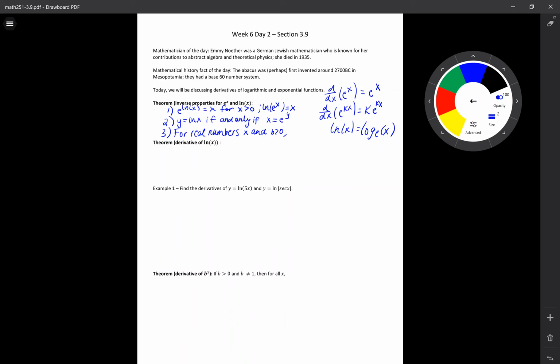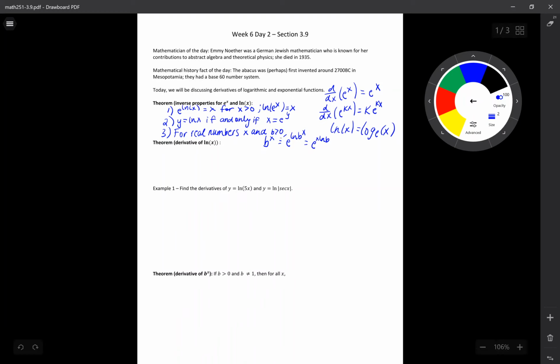So b to the power of x is the same thing as e to the power of natural log of b to the power of x, which is the same thing as e to the power of x natural log of b. Why are these true?